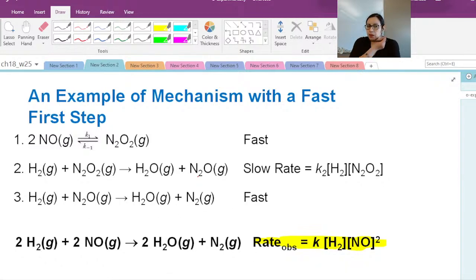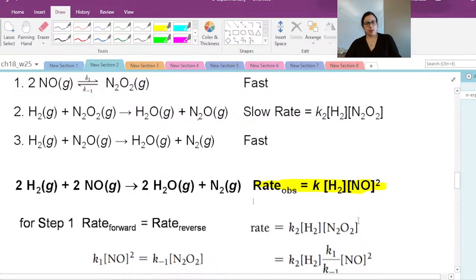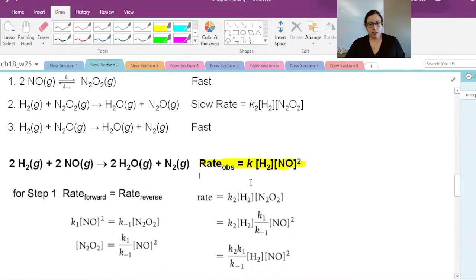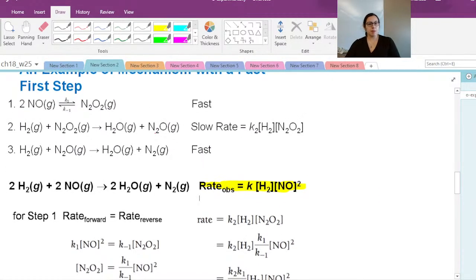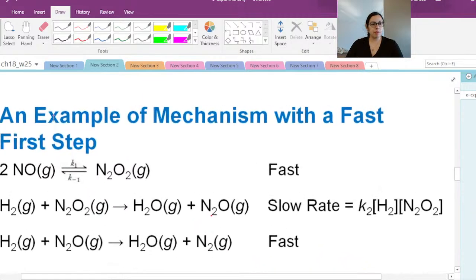And so all we want to do is write and express our rate laws. So let's do that. Things to keep in mind: equilibrium. So the forward and reverse reactions, the rate is the same.